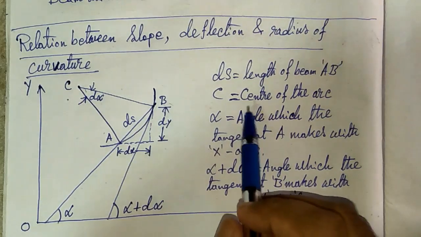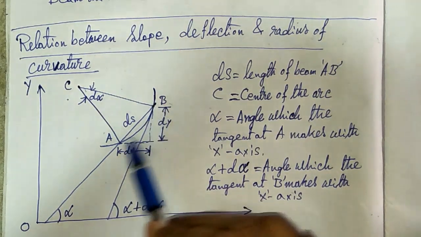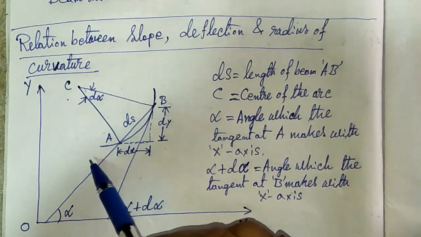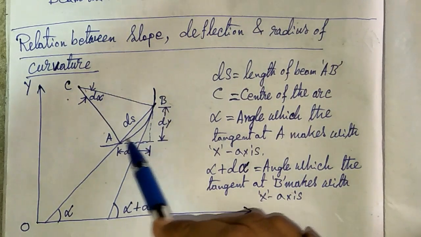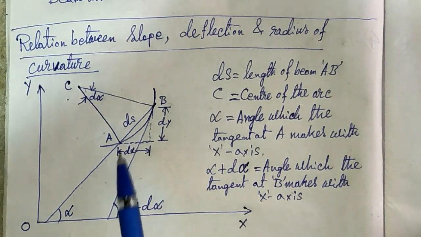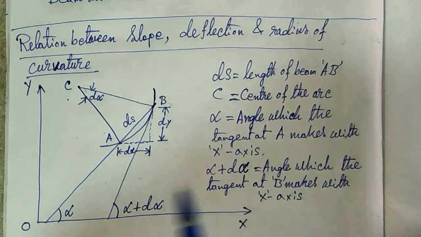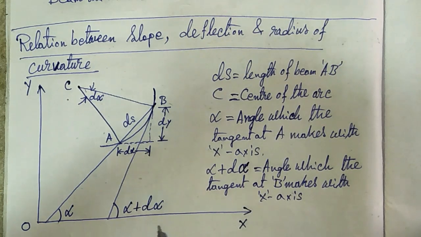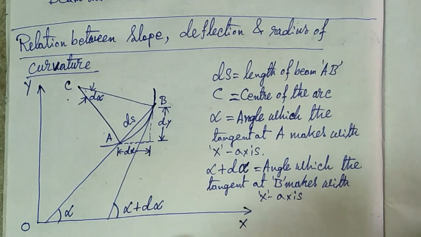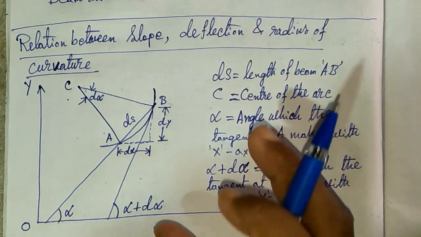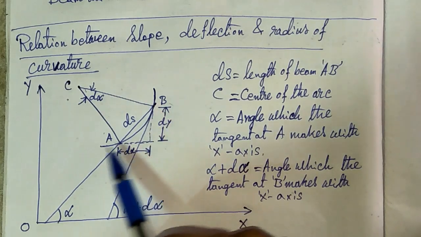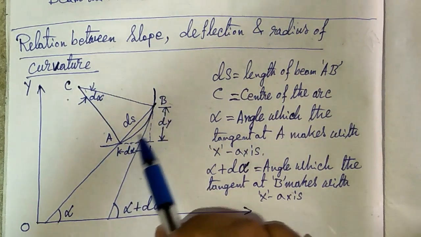C is the center of the arc that the beam AB makes. Alpha is the angle which the tangent at A makes with the x-axis, and alpha plus d alpha is the angle which the tangent at B makes with the x-axis. That means the beam makes a curvature like this.